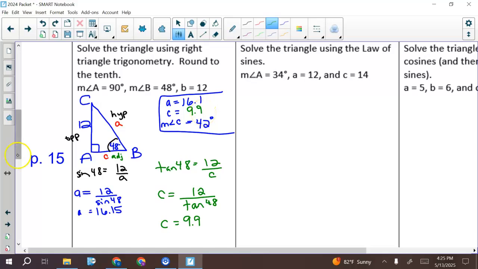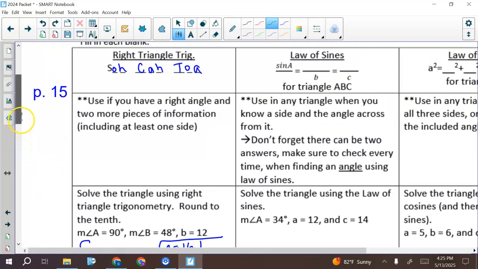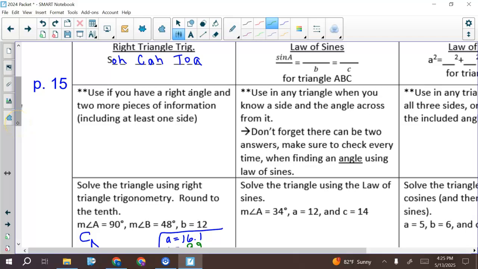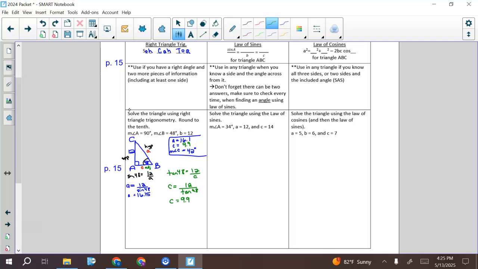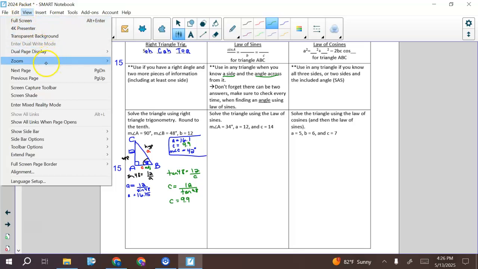All right, so that was when we use right triangle trigonometry. For the next one, law of sines, we'll use the law of sines if you are given a side and the angle across from it. You need at least one pair in order to use the law of sines. So let's review the formula.